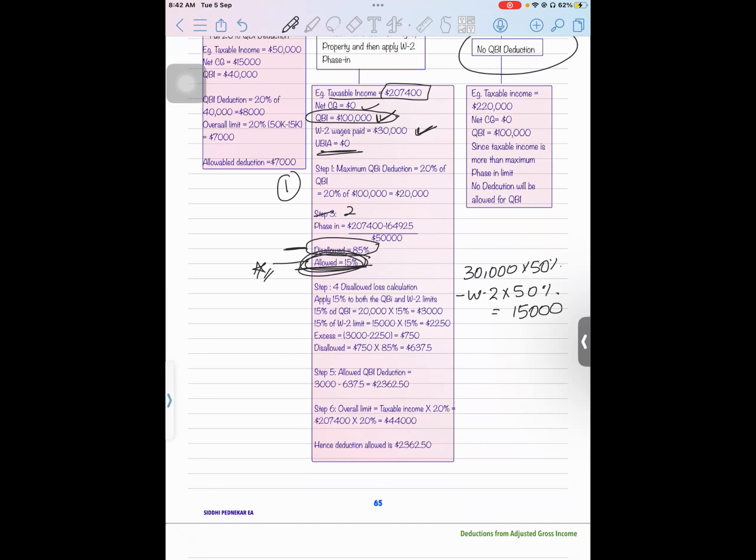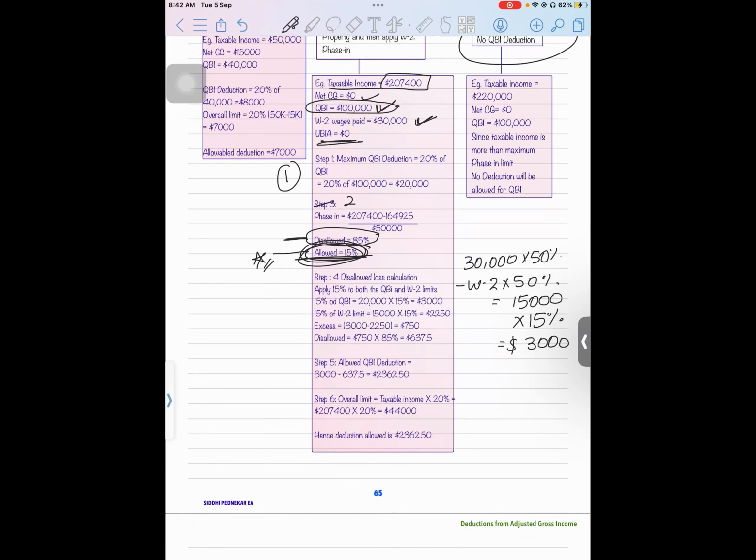Apply this allowed limit. Here we are calculating in a reverse manner. Allowed is 15%, right? So we'll apply this allowed limit, that is 3,000. Or apply 15% to QBI. What is your QBI deduction? Your QBI deduction is 20%.